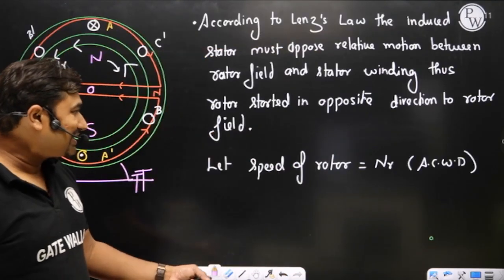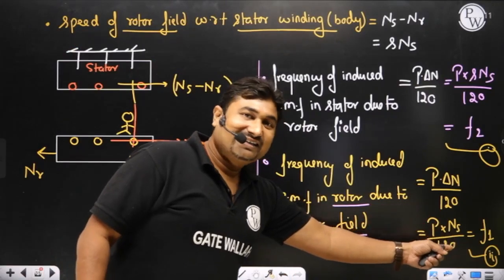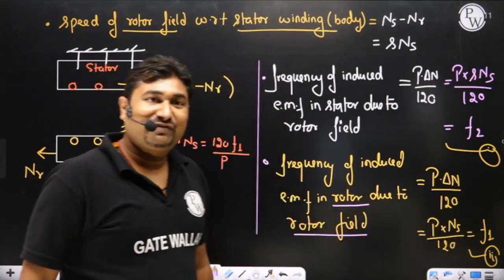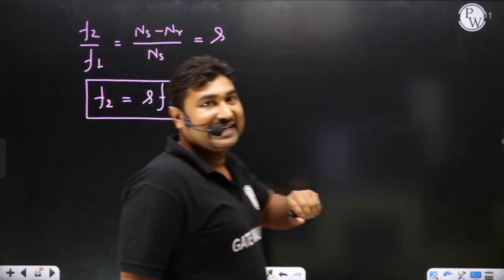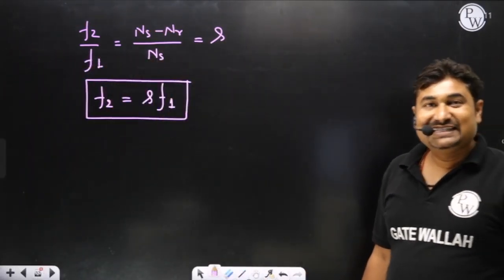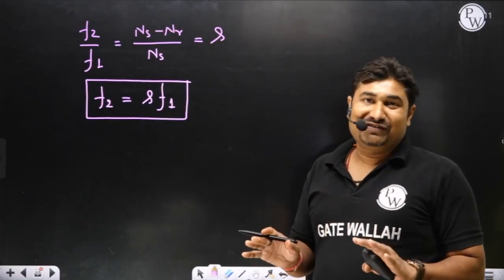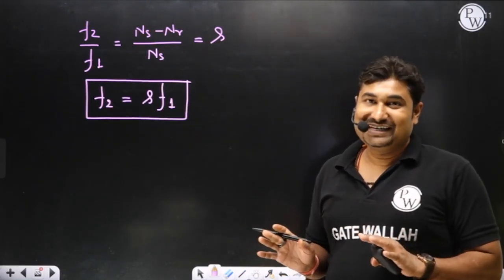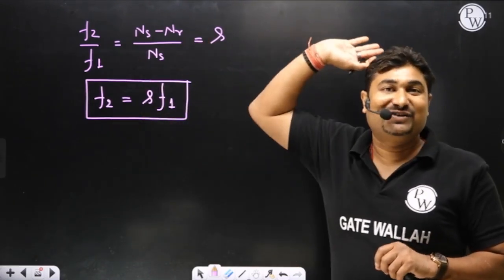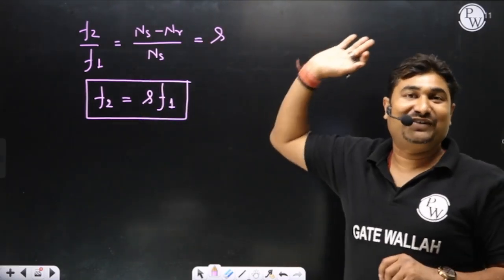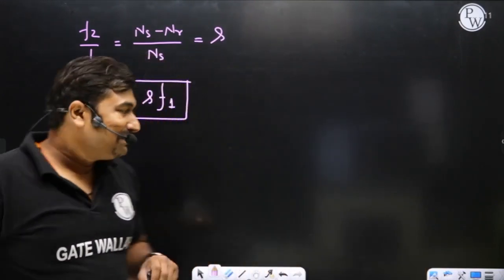So I am just substituting Ns here. That is the same as the supply frequency F1. So the ratio F2 by F1 will again become sF1 only. It doesn't matter whether you give the supply to the stator or the rotor: the frequency of induced EMF in the shorted winding is always slip times the supply frequency.